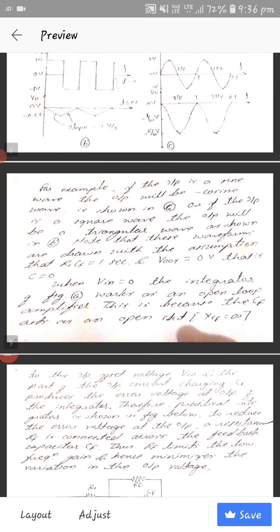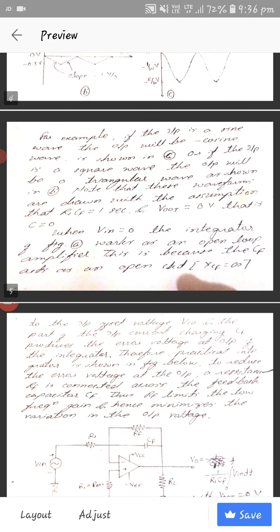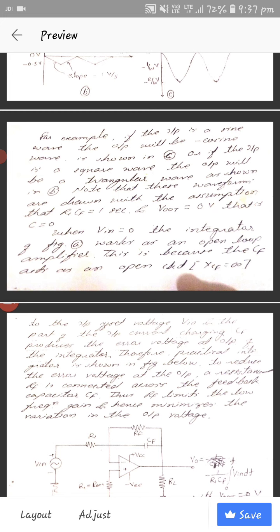Okay, note that these waveforms are drawn with the assumption that R1 CF is equal to 1 second. The resistor and feedback capacitor CF are assumed to be 1 second, and the output voltage Vo is equal to 0 volt, that is, C is equal to 0.